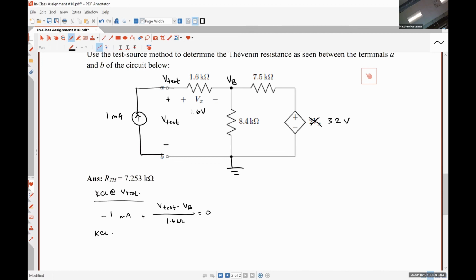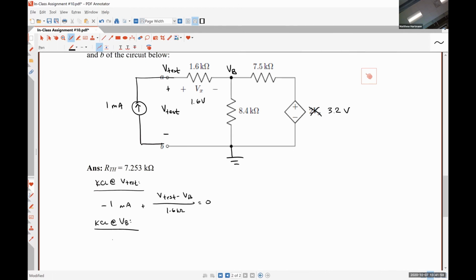And if I apply KCL at node B, I get (VB minus V-test) divided by 1.6 kiloohms plus VB divided by 8.4 kiloohms plus (VB minus 3.2 volts) divided by 7.5 kiloohms is equal to 0. Two equations, two unknowns, fairly easy to solve. So let's solve this system for V-test and VB.